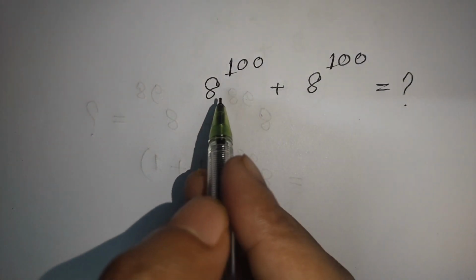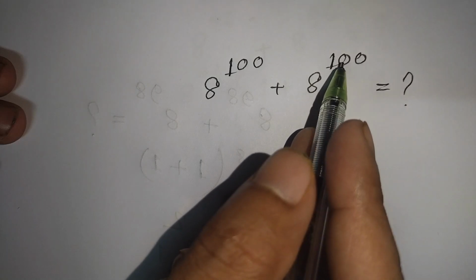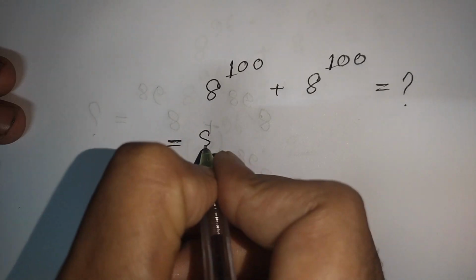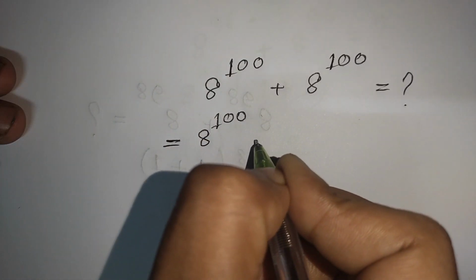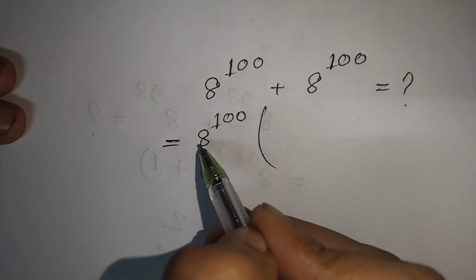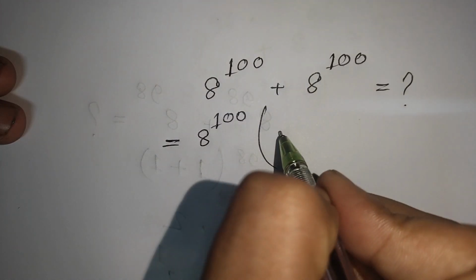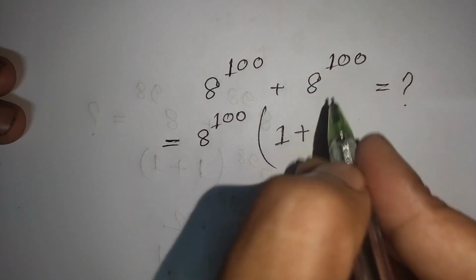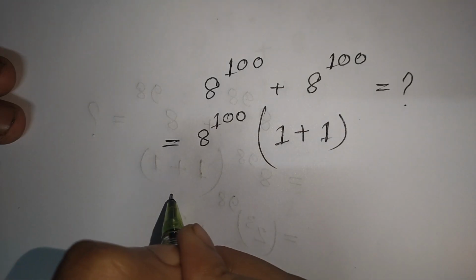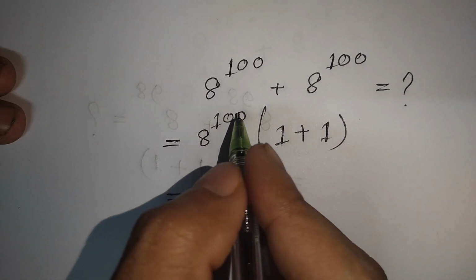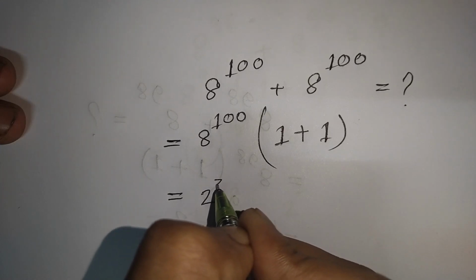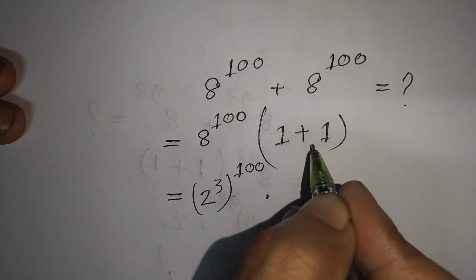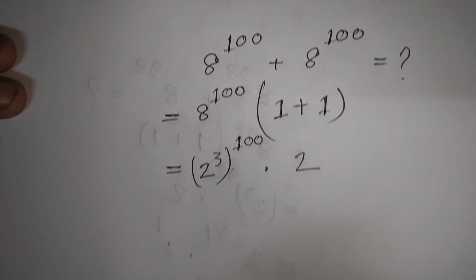How to solve 8^100 plus 8^100 is equal to what? At first we take 8^100 common. First bracket starts. Then 8^100 divided by 8^100, that means 1, plus 8^100 divided by 8^100, that means 1. 8^100 is same as 2 to the power 3 bracket 100, times (1 plus 1), that means 2.